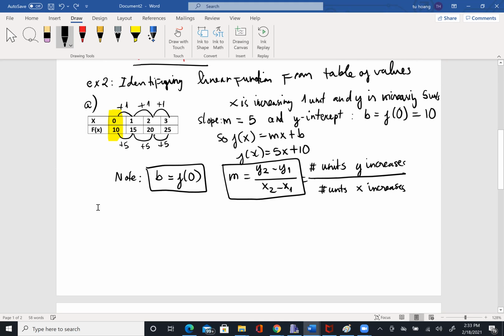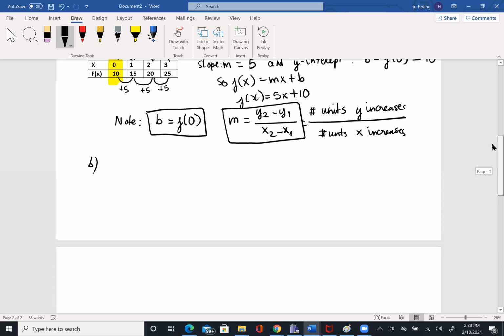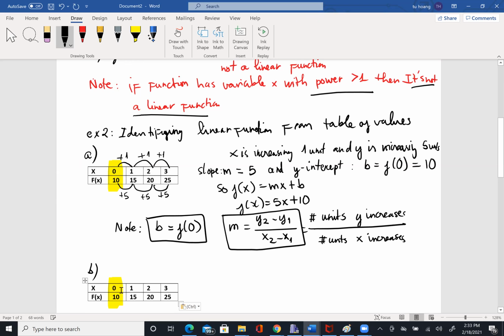Let's have another column. So I have column B here. Copy out this one. Okay.